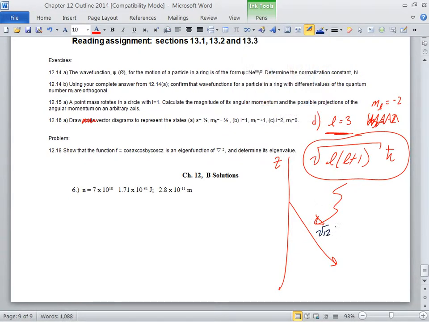Square root of 12 h bar is what that should be. If you want to put a decimal there, that's fine. But it should be the square root of 12 h bar, whatever the square root of 12 is. And then over here, this length you should label what? -2 h bar. That's why we drew it down, because M sub L is -2.